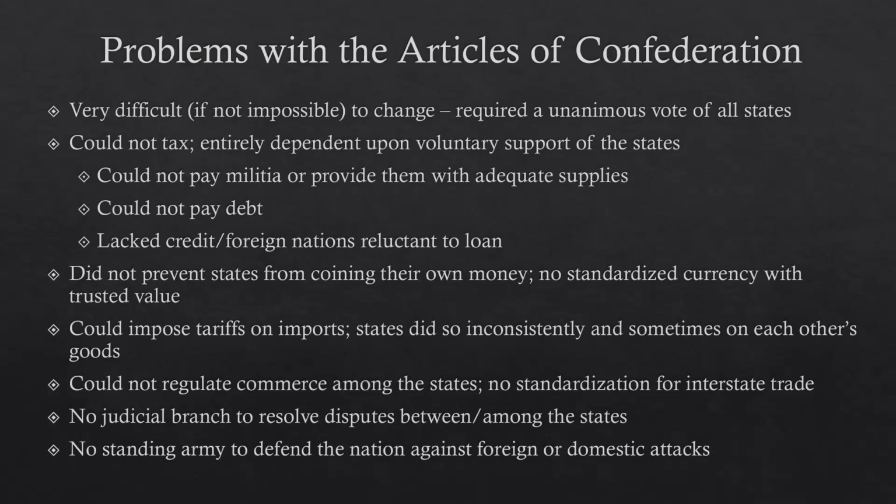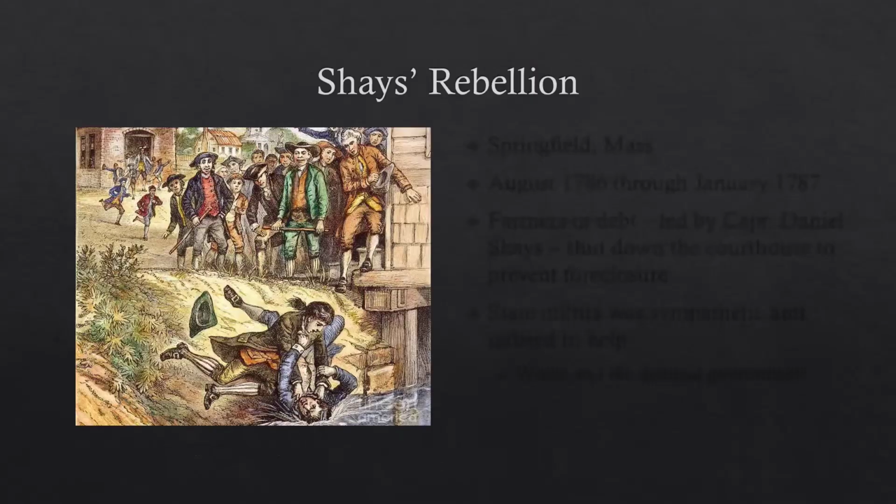And so after the war was over, they go home, and there's no army left to help defend the nation against foreign countries that might still have an interest in the Americas, and they couldn't fight back against domestic insurrection as well.